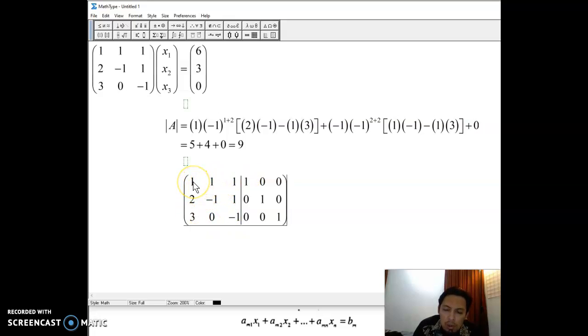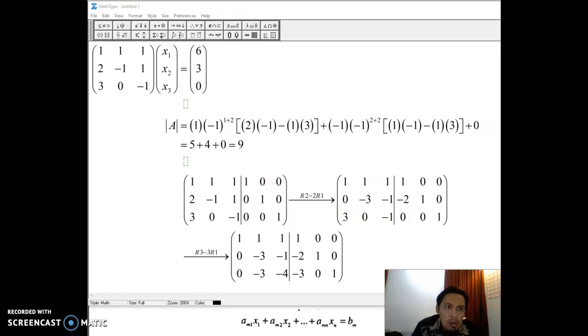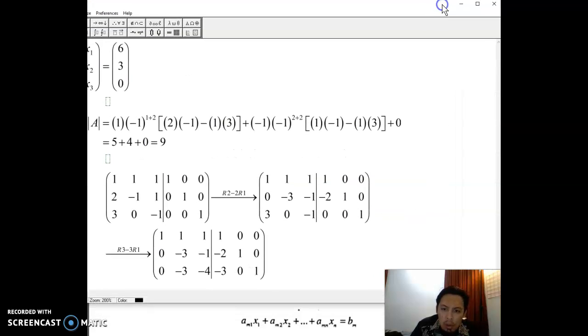So this is already 1, done. We want to change these into 0 and 0, so we are going to do R2 minus 2R1. There you have it. Now let's change this into 0, which is the same kind of process, R3 minus 3R1. Next, let's change this into 1. How to change this into 1?